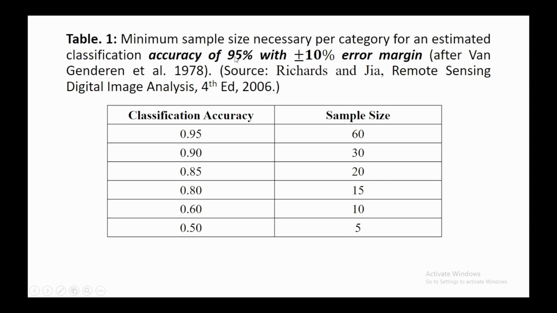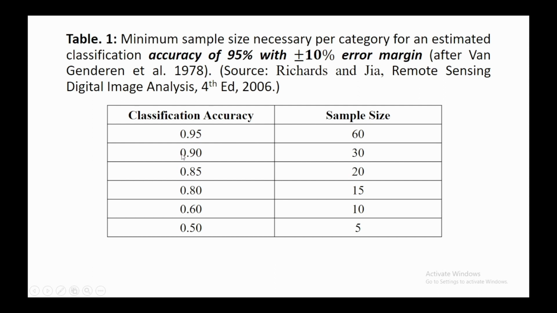This means that you are expecting at least 95% classification accuracy with a plus or minus 10% of error margin during the accuracy assessment. For example, if I want 95% classification accuracy, then the sample size for each category or each class on the classified map must be 60 pixels.